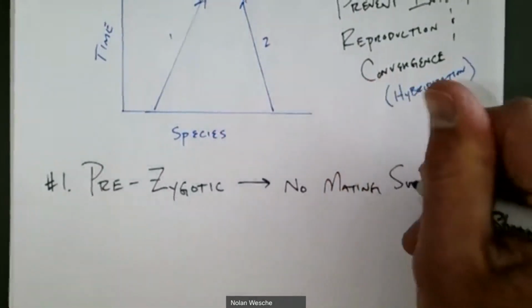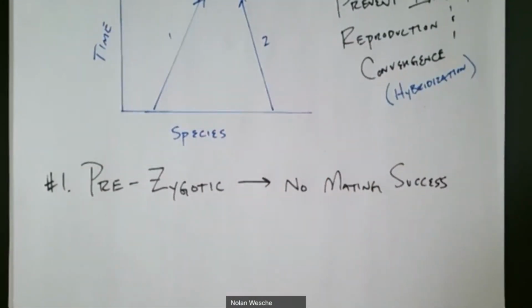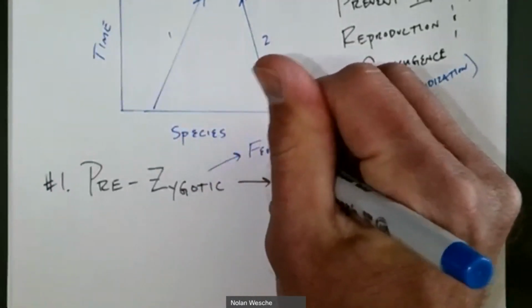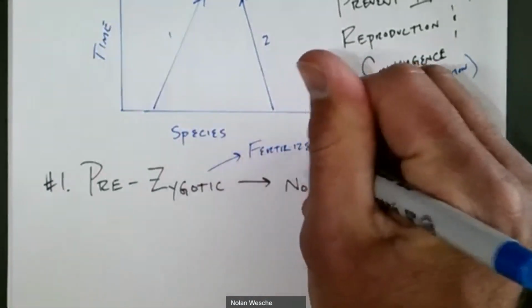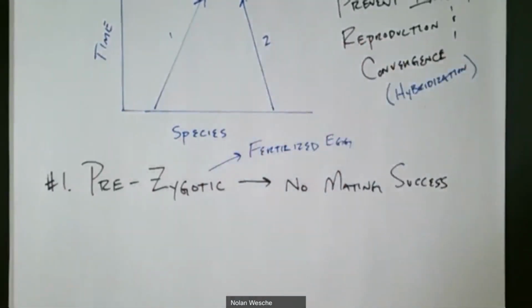So we have no mating success in pre-zygotic barriers. And a zygote, remember, is a fertilized egg. So if a sperm meets the egg that is not fertilized, it can form a zygote. So these are things that keep that from occurring. And we're going to look at some examples.